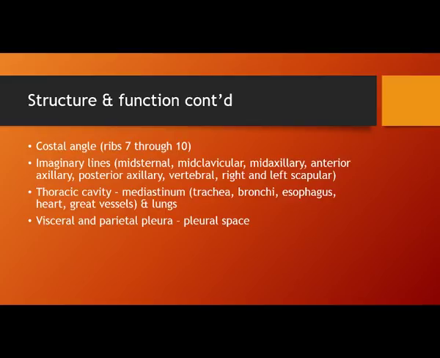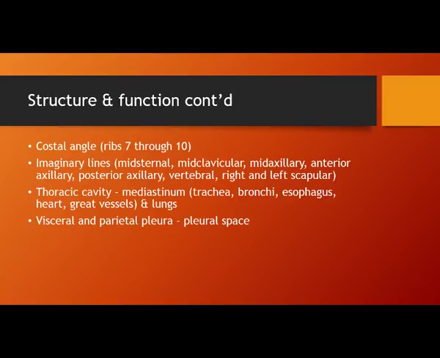And then there's a lining outside of the mediastinum and lungs. It's the visceral pleura, and then there's also the parietal pleura. The visceral pleura is on the side of the organs. The parietal pleura is on the side of the thoracic cage itself.